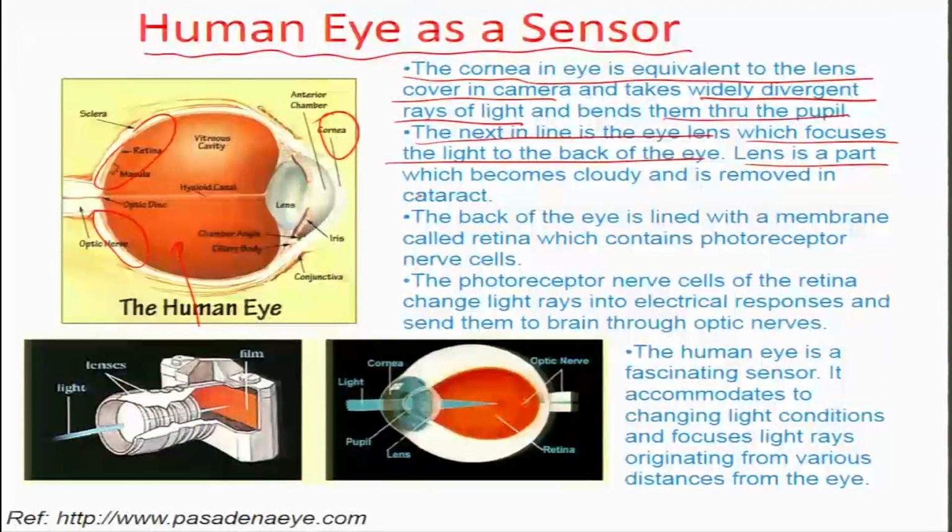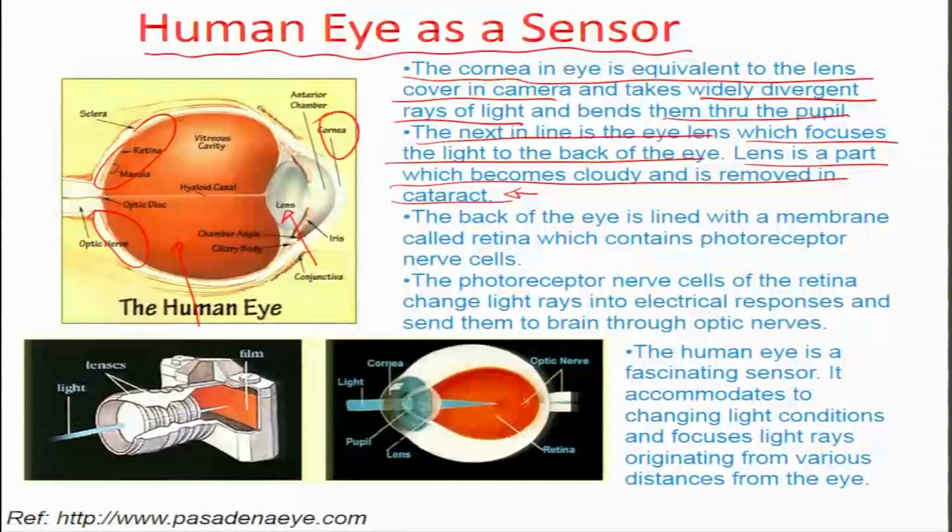The lens is the part which becomes cloudy and is removed due to cataract, etc. So there is not much focus if the eye lens goes bad, or even the intensity gets curtailed and not enough sensation is felt by the retina, so it cannot give signals to the brain anymore. Okay, so this eye lens works as the camera lens, focusing the light into the inner chamber of the eye.